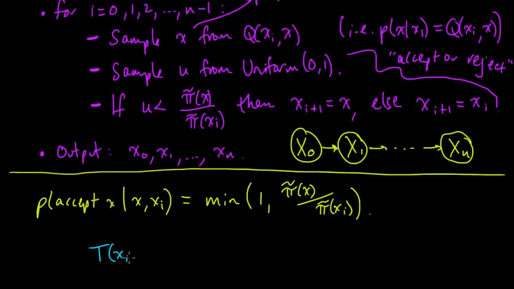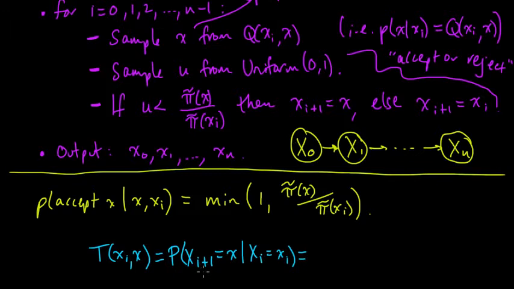So let's think about the entry of the transition matrix that's T(xi, x). This is just the probability that X_{i+1} equals x, given that X_i equals little xi. I didn't have to put i and i+1 here.